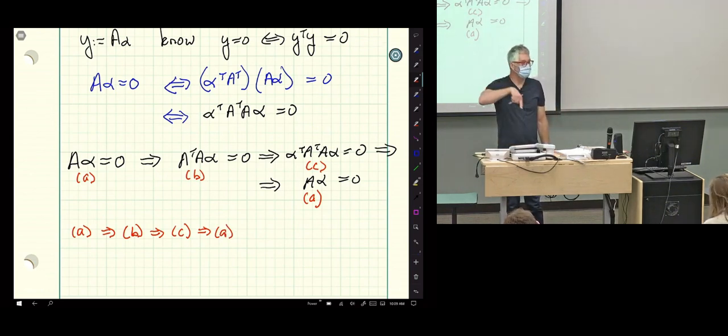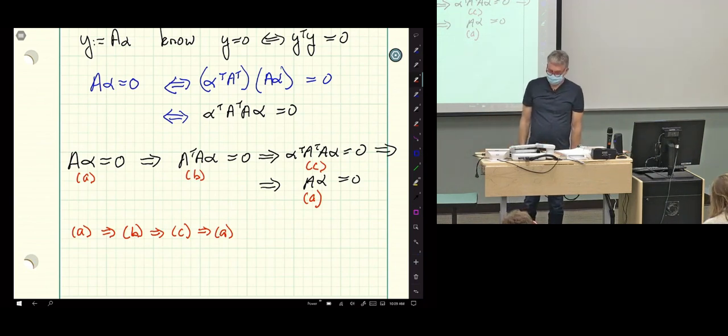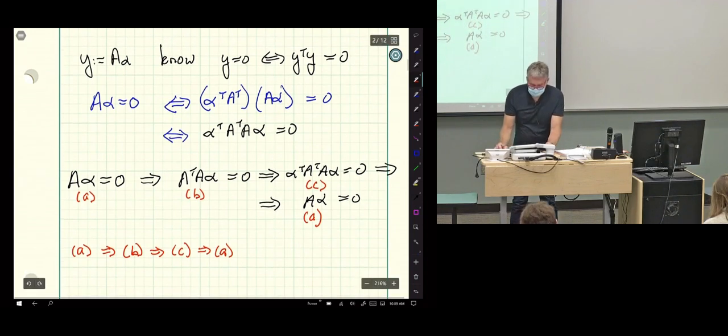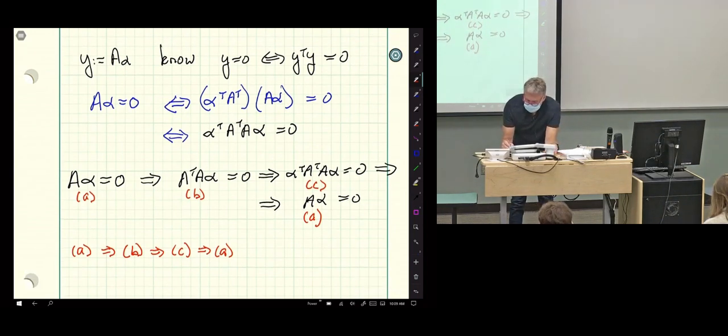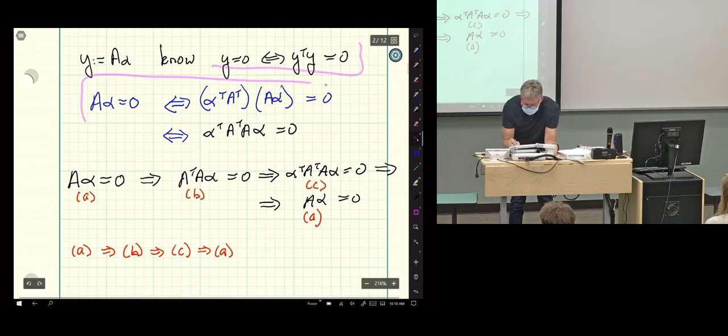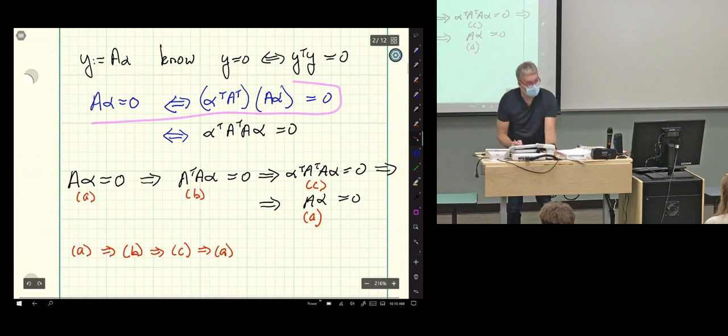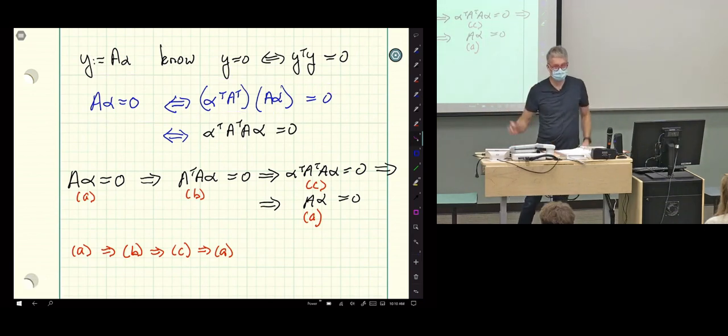It goes all the way around in a circle. Each step is kind of trivial. You know, this is 0, I multiply on the left, it's 0, I multiply on the left, it's 0, and then I use this one little fact to get the equivalence of this to loop it back around. But that's the art of the proof, okay?